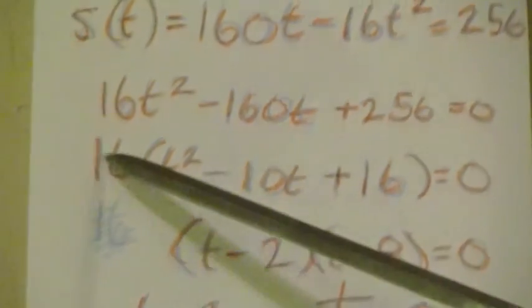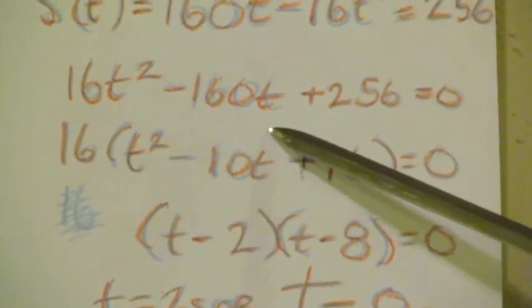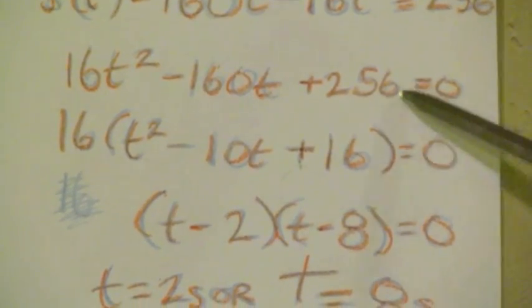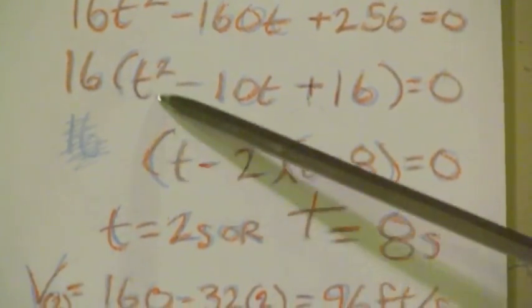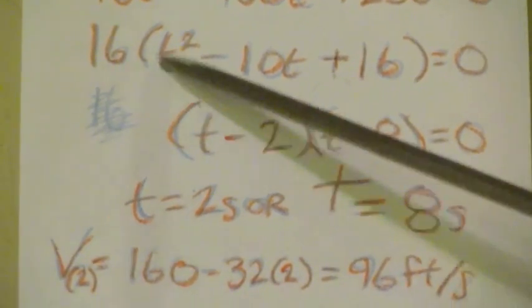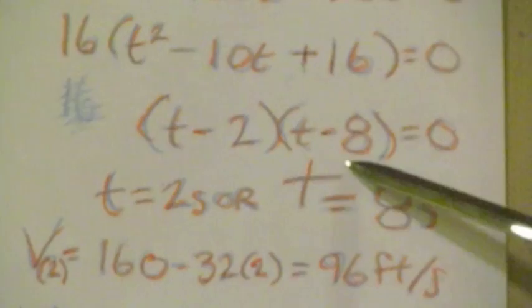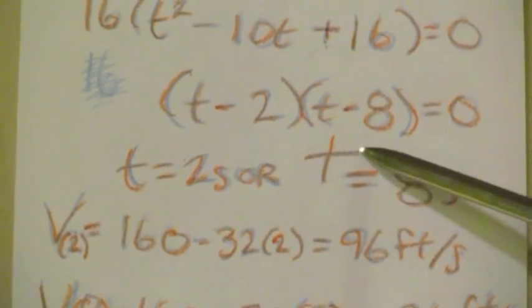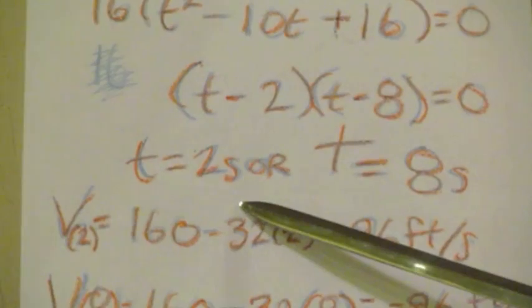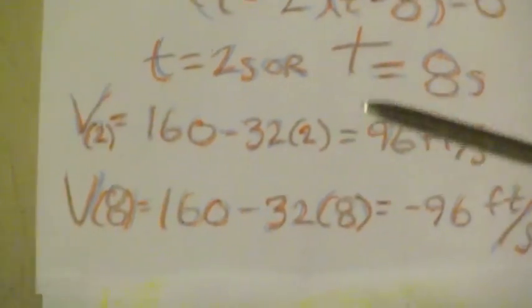So we make that equal to 0, and it comes out to be 16t squared minus 160t plus 256 equals 0. You take the 16 out, and that gives you 16 times t squared minus 10t plus 16 equals 0. So you factor it, and you get t minus 2 and t minus 8. So t equals 2 seconds, or t equals 8 seconds.